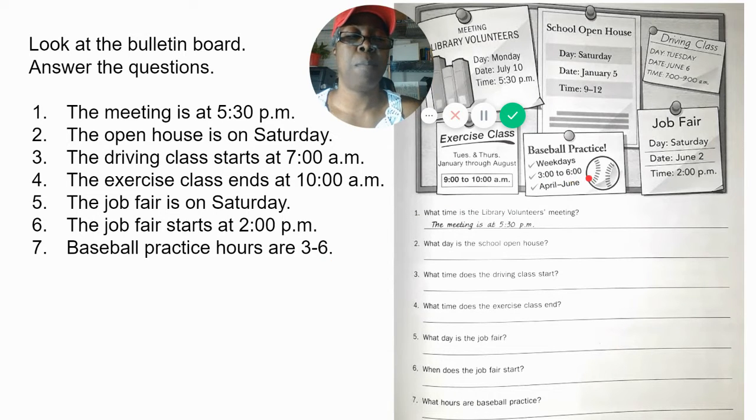It doesn't say AM or PM, so I didn't write that here, but we know it has to be PM because I don't think anybody is out practicing baseball at 3 a.m. People are usually asleep or sometimes at work.